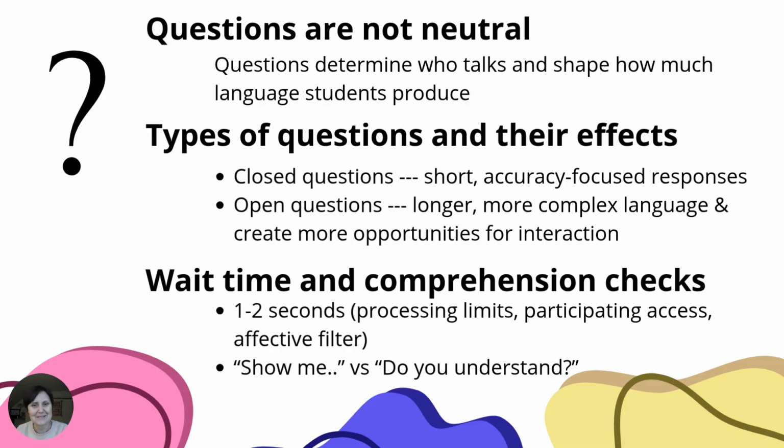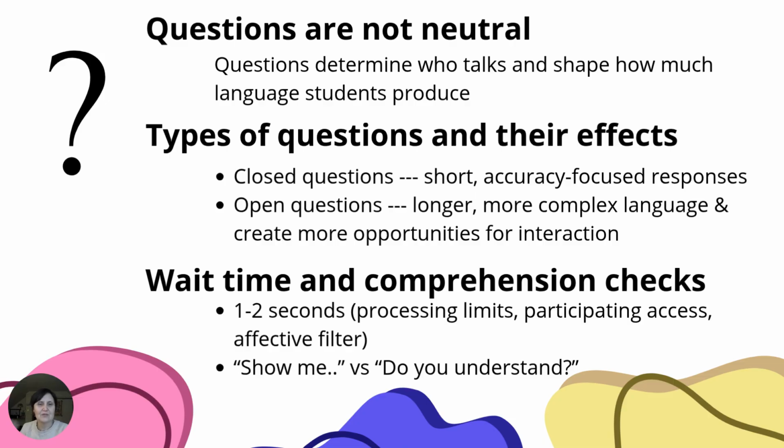You go first, please. What studies have found is that closed questions produce short accuracy-focused responses, and open questions or genuine questions are more likely to have students produce longer, complex language and create more opportunities for interaction.